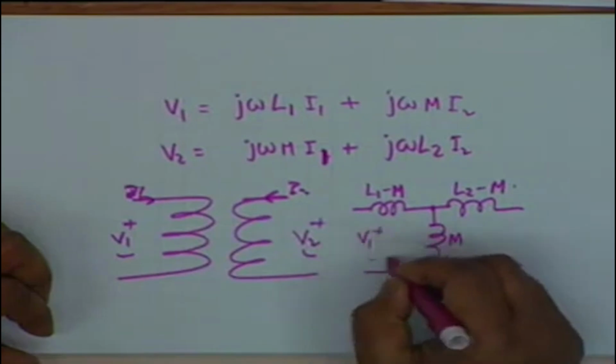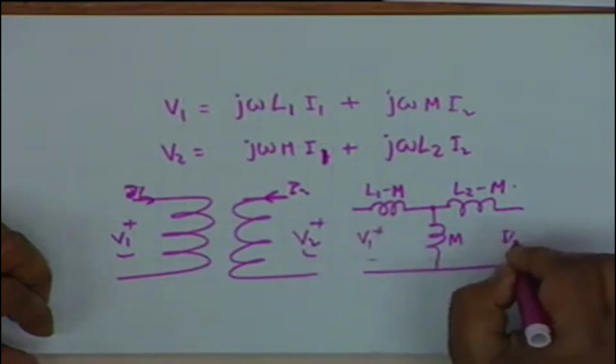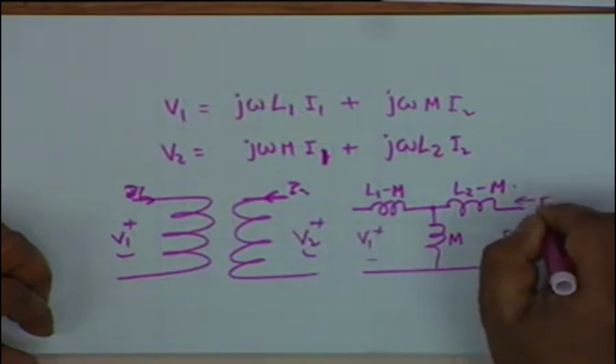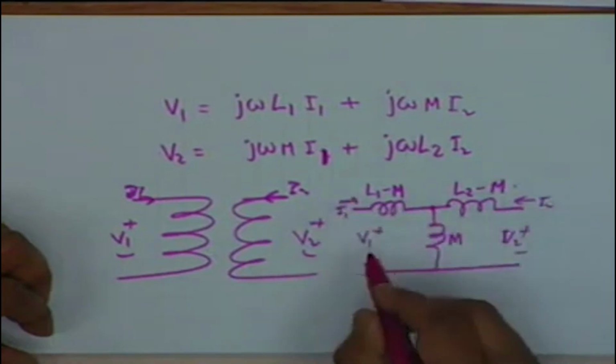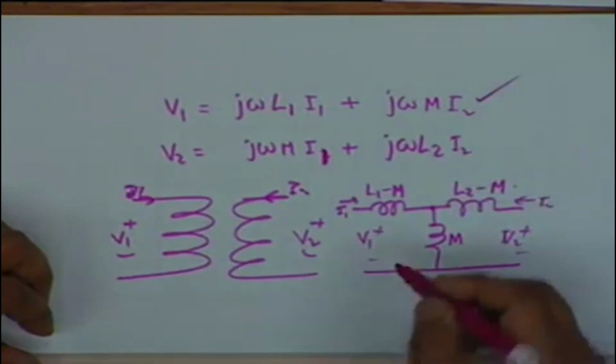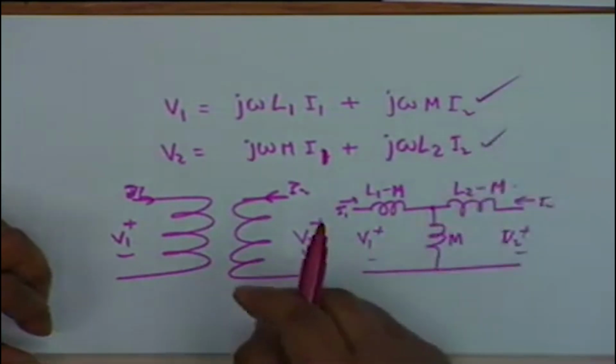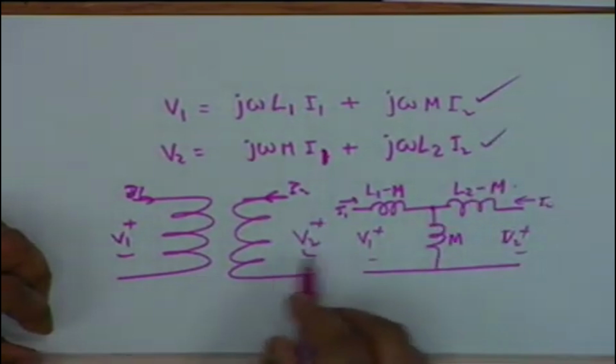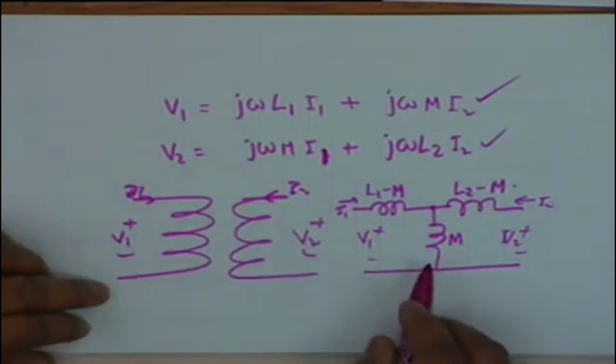Similarly here V1, V2, I2, I1. You can easily show by writing the loop equation that the first equation is satisfied, and the second equation is also satisfied.